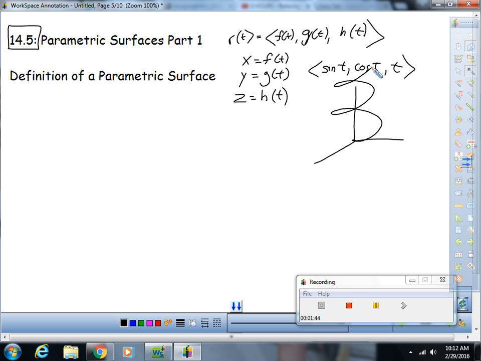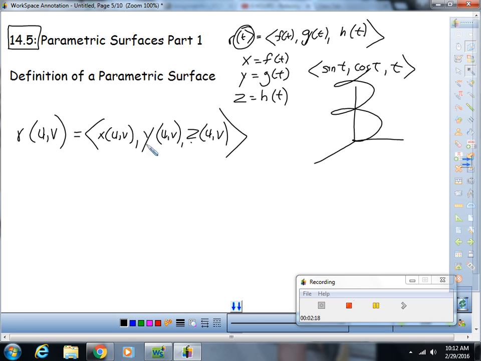Well, now we're doing parametric surfaces. Instead of having a single variable t, it will now look like this: R of u comma v is x of u comma v, y of u comma v, z of u comma v, meaning you've got three different functions that are now functions of up to two variables.